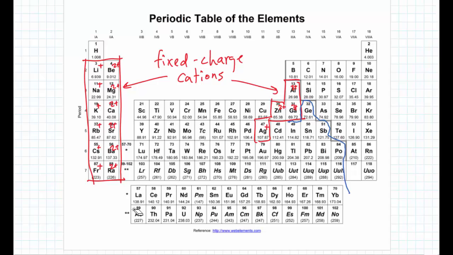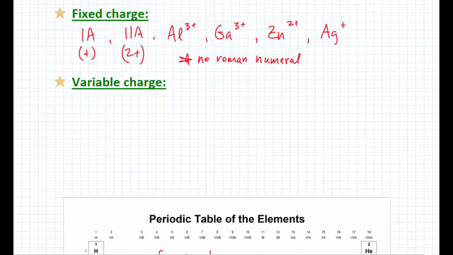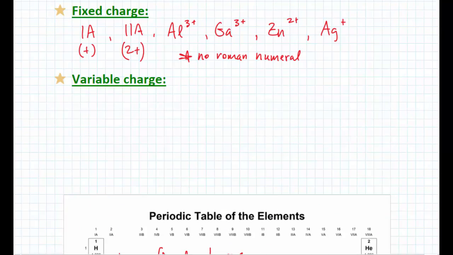Including the inner transition metals down on the bottom. So let's include those. Copper, palladium. There we go. All of those, variable charge cations. So for our list over here, we're probably not going to list out every single one of them.